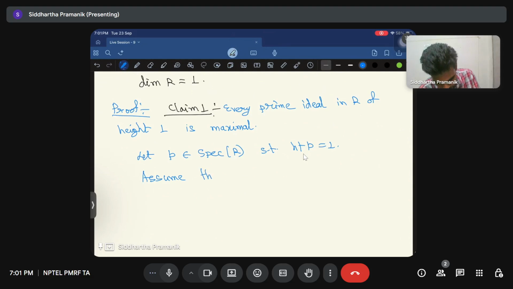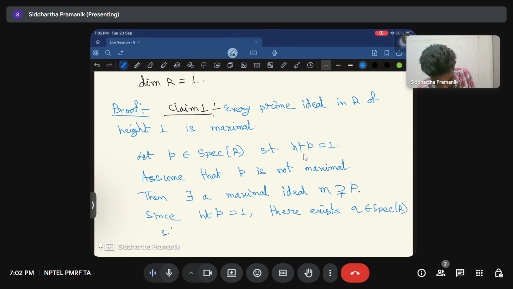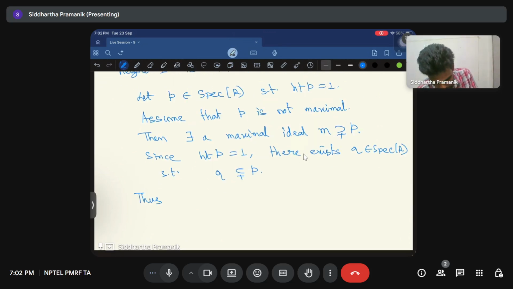So then there exists a maximal ideal M which properly contains P. Now since height of P is 1, there exists a prime ideal Q in R which is properly contained in P. Thus we have a chain Q proper subset of P and proper subset of M. So it is a chain of primes.